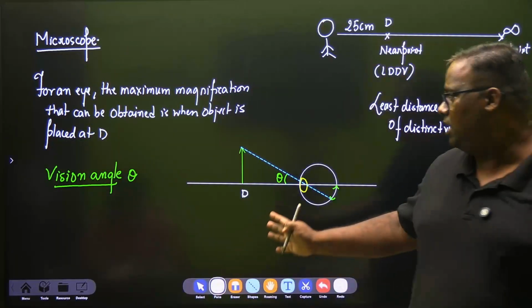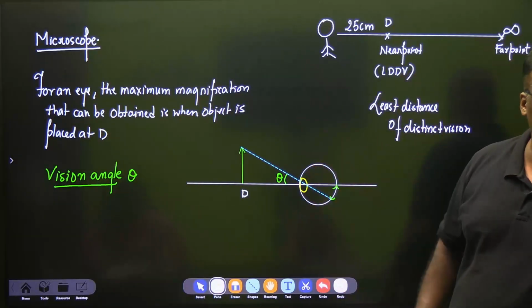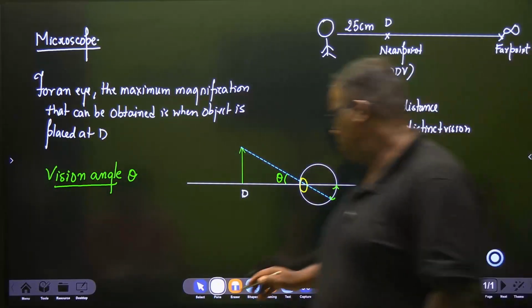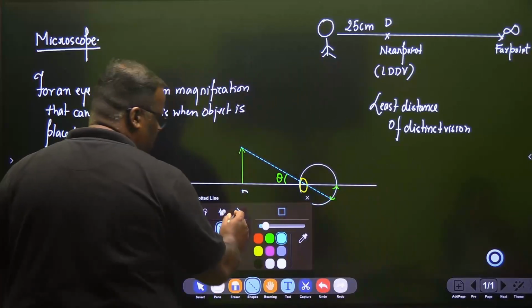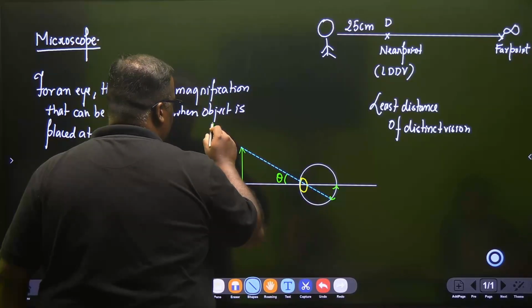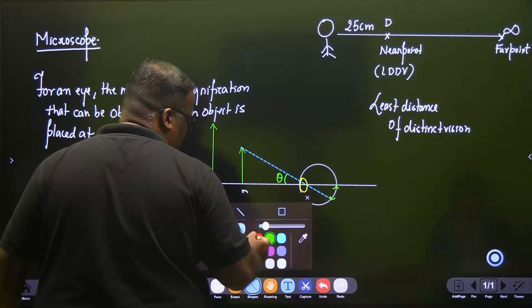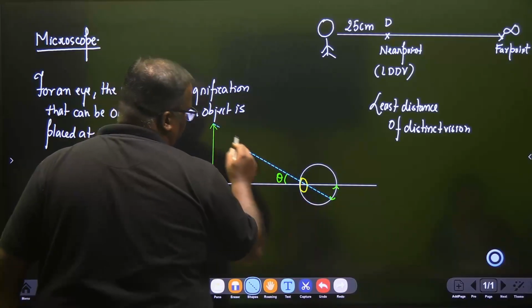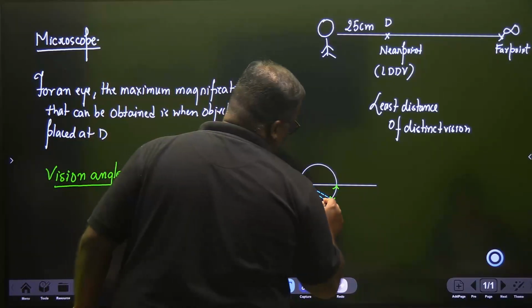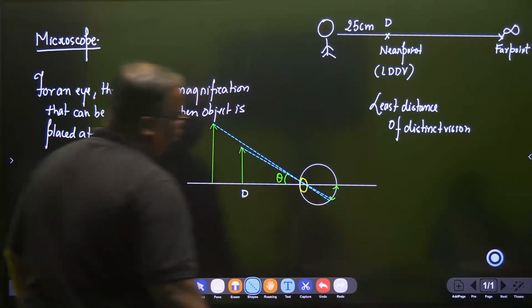If the object size is bigger, don't you think it will create a bigger vision angle? Obviously, just apply common sense. If I have a bigger object, we sense it as bigger. Why are you sensing it as bigger? Because a bigger object creates a much bigger angle on your eye.